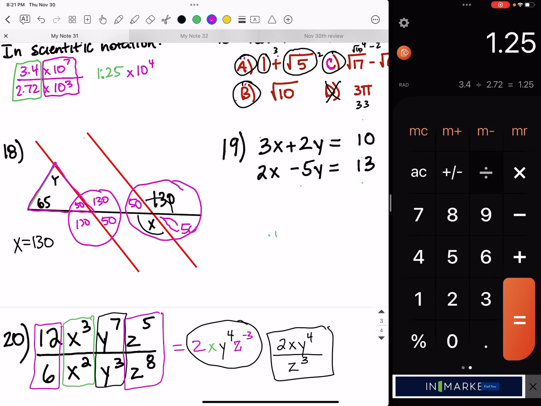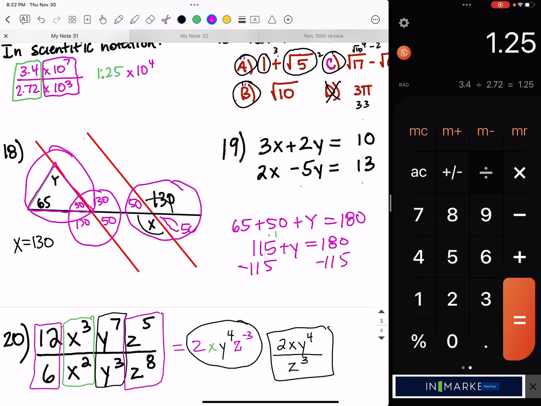So I've got now 65 in the triangle, I've got a 50 in the triangle, and now I've got a y, and they add up to 180. So this triangle over here. All right, so we've got 115 plus y equals 180, minus 115, minus 115, y equals 65.